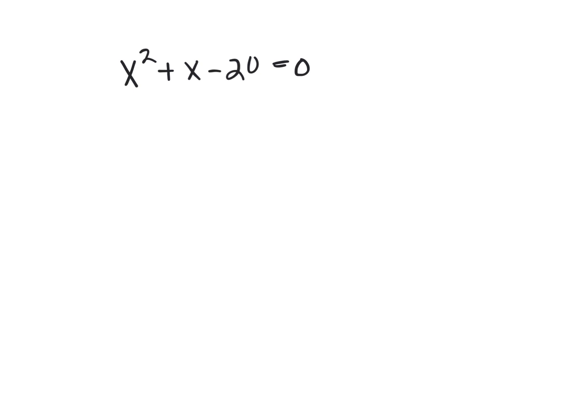Right, if we go to look at our next one, it is x squared plus x minus 20. And so if we look at this one, set equal to 0, if we first want to try factoring, we could do that and say that if we need a negative 20, well, that could be 1 and 20.